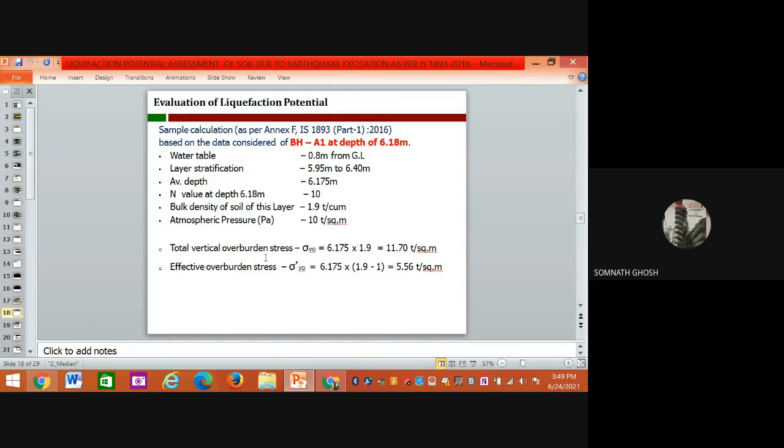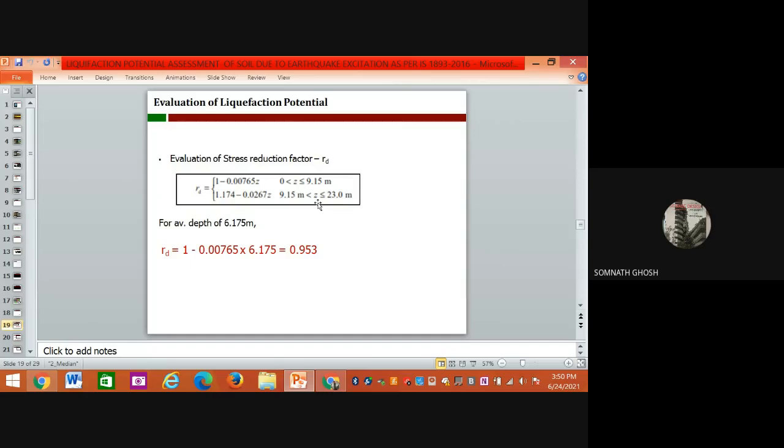Now this total overburden pressure is 6.175 into 1.9. And effective overburden pressure is nothing but this gamma soil minus gamma W, all of you know. So this is the thing, right? Now it is 0.8 meter, so that particular effect is to be considered, right?